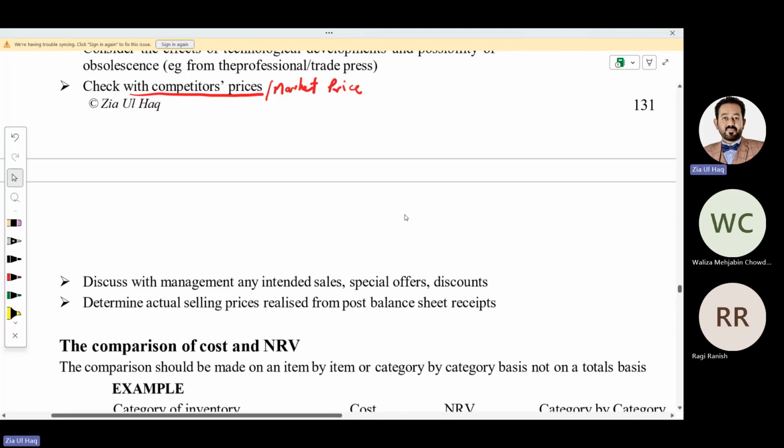We need to discuss with management their intention, how they can sell on offers or discounts, meaning at what price they can sell these products in the market. And we will compare those prices with market or competitor prices as well.